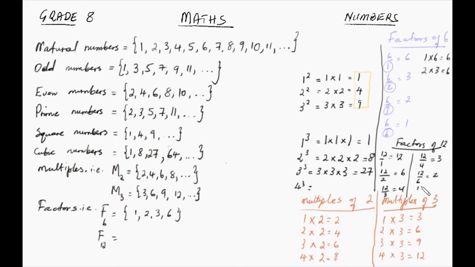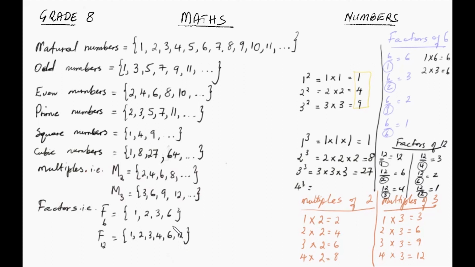Then 12 divided by 12, what do we have? 1 and no remainder. So all these are the factors of 12, because when you divide 12 by them, the remainder is 0. So factors of 12 would be what? 1, 2, 3, 4, 6, and 12. All right, this is it.